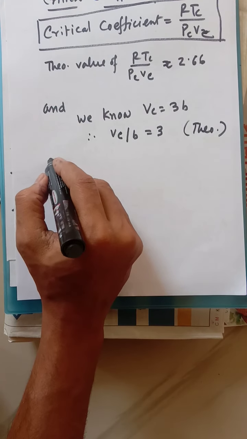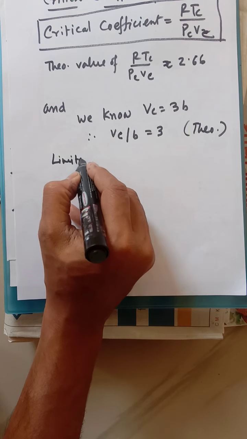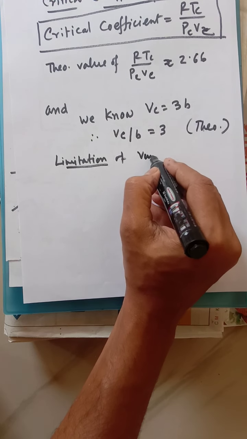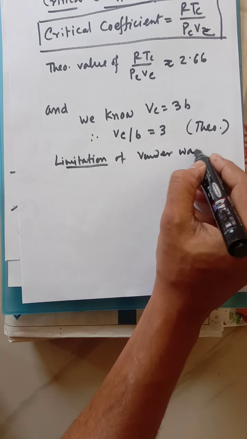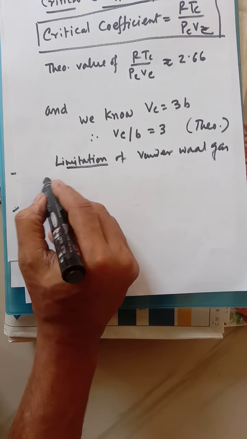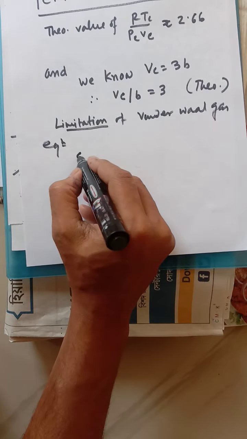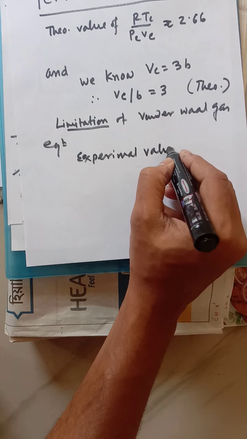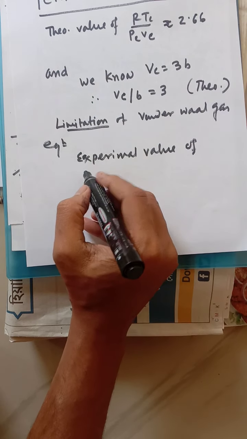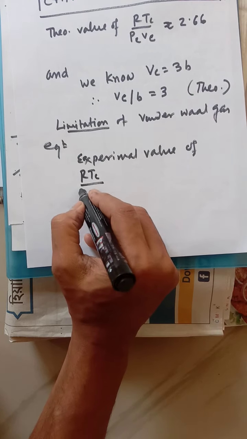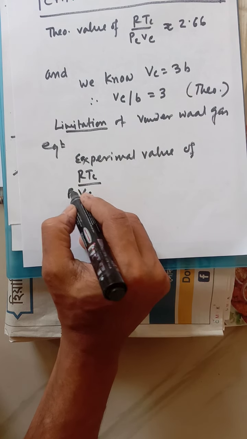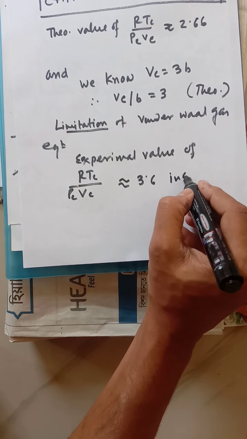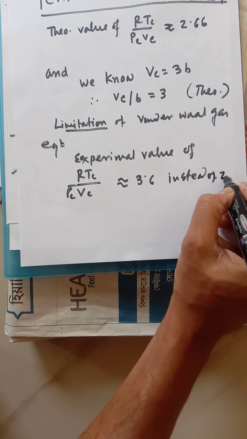Now the limitation of validity, we can say also limitation of the Van der Waals gas equation. The experimental value of RTC by PCVC, that means critical coefficient, is near about 3.6 instead of 2.66.